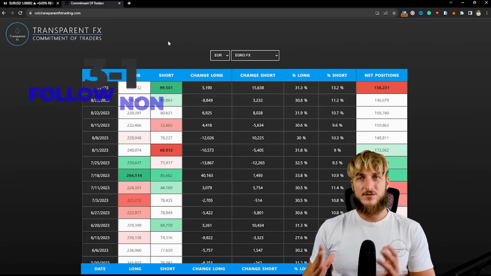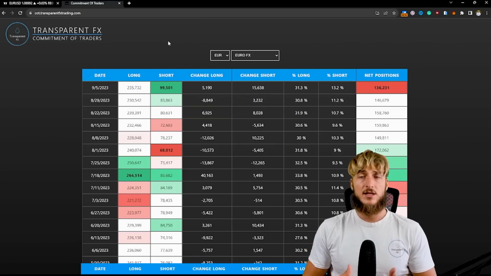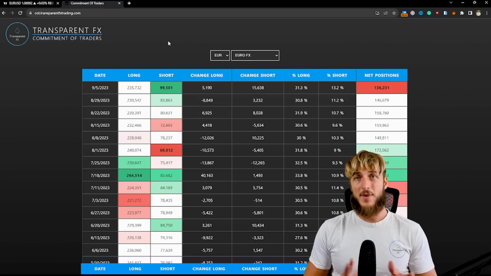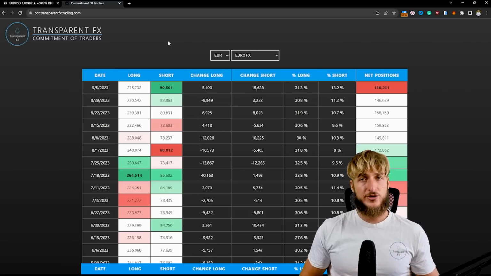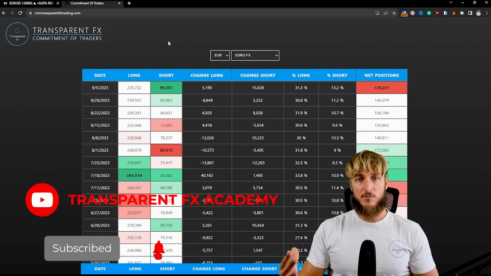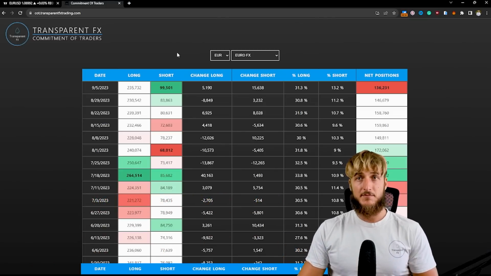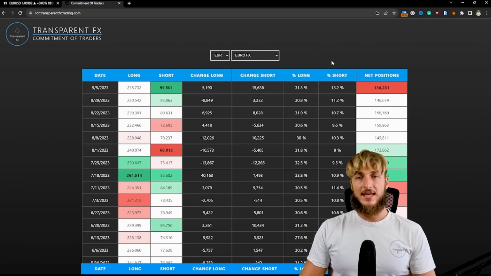That is why it is very interesting to check their orders, because there are also other players in the market, especially the commercials, which have other reasons for which they might be taking some specific positions. Maybe they have to hedge their orders. Maybe they have to pay employees overseas, so they need to hedge that currency exposure that they have. So it's very important to check precisely the non-commercials, not the commercials.